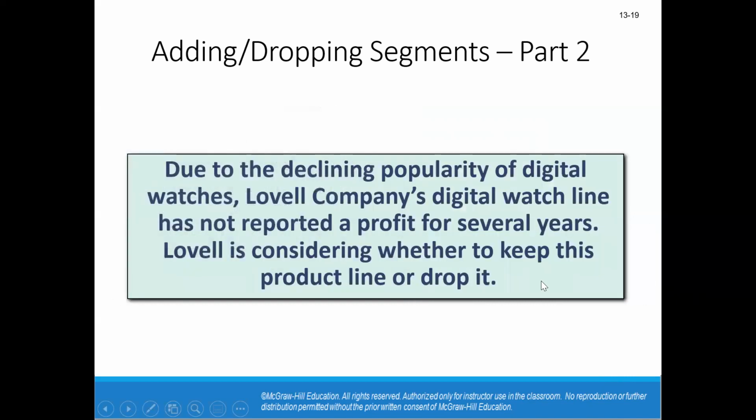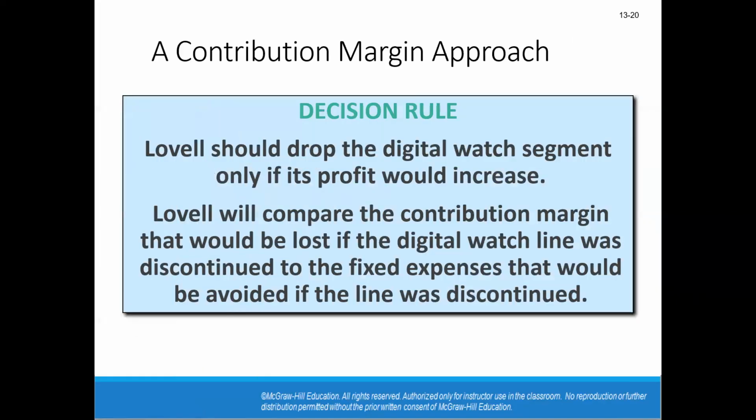Due to the declining popularity of digital watches, Lovell Company's digital watch line has not reported a profit for several years. Lovell's considering whether to keep the product line or to drop it. So the decision: Lovell should drop the digital watch segment only if its profits would increase. So what's he going to do?